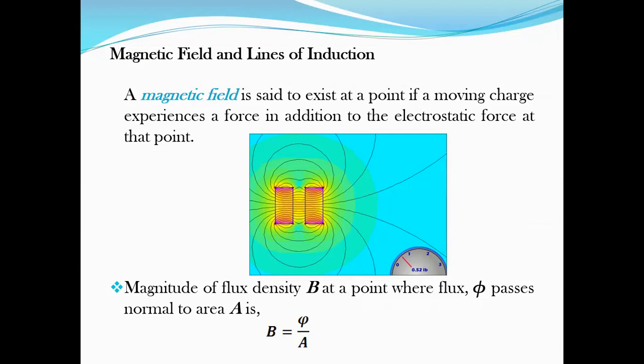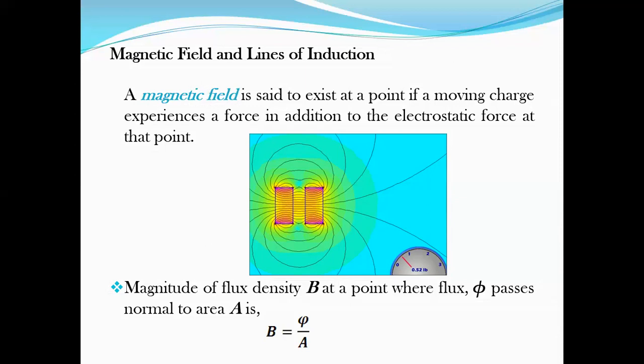Flux density means the amount of flux passing through the unit area, that is equal to the magnetic field strength, that is called the B, or the magnetic field.